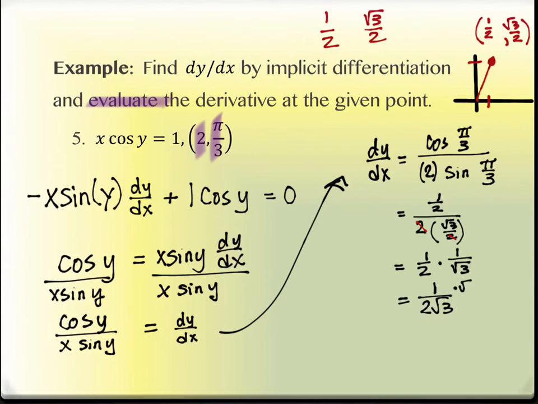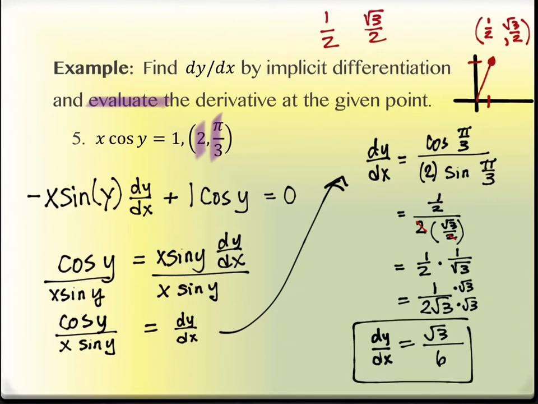Right, multiply top and bottom by radical 3. So on the top I have square root of 3. On the bottom I have the 2. It's already there. Square root of 3 times square root of 3 is 3. So 2 times 3 would give me 6. And of course can't simplify because one's underneath the radical and the other one's not. So this is the dy dx value, or the slope value, at the point 2, pi thirds.